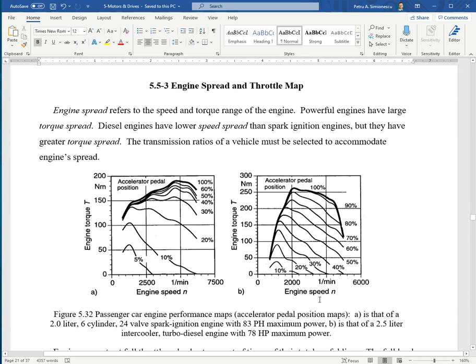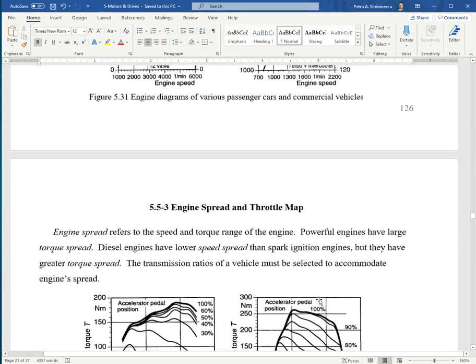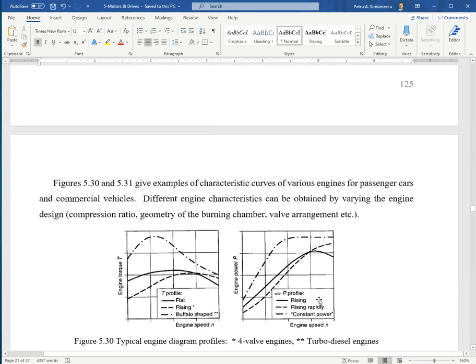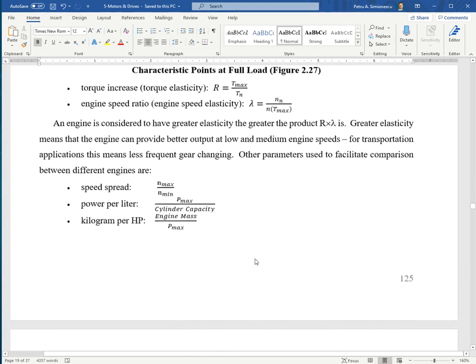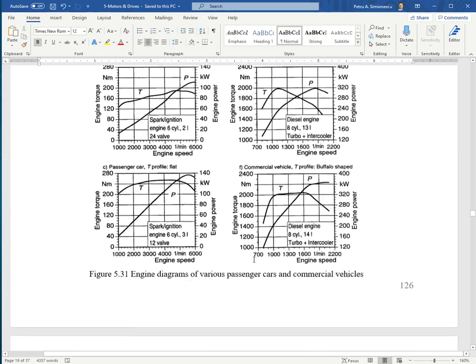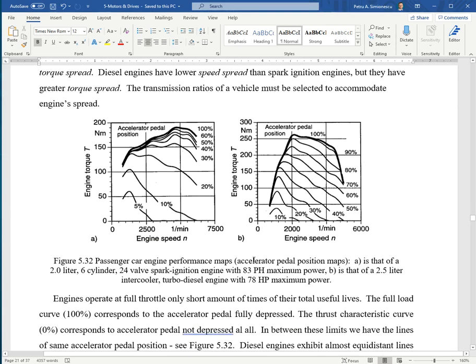Okay, so these full throttle curves could also be accompanied by a consumption curve, again for full throttle. But you don't operate an engine full throttle. If you do, it quickly damages.